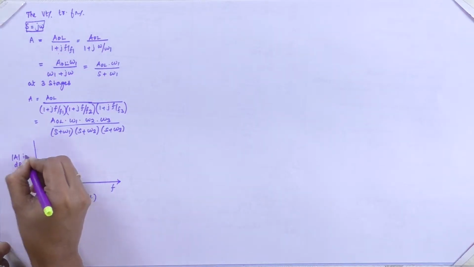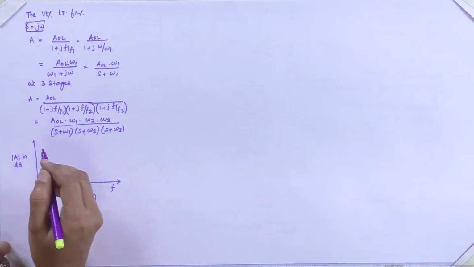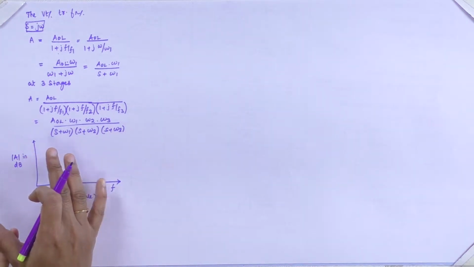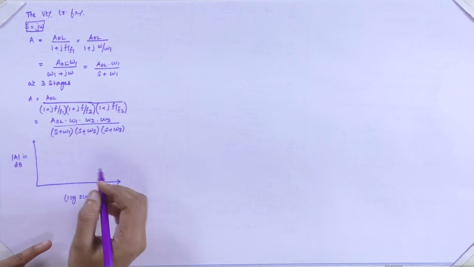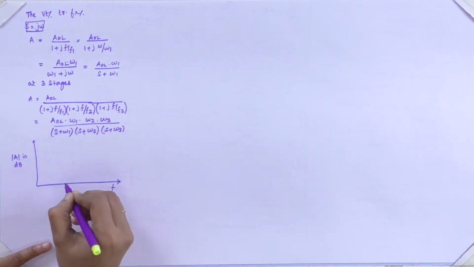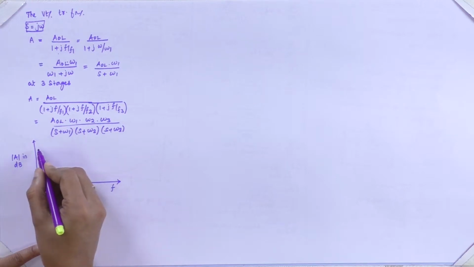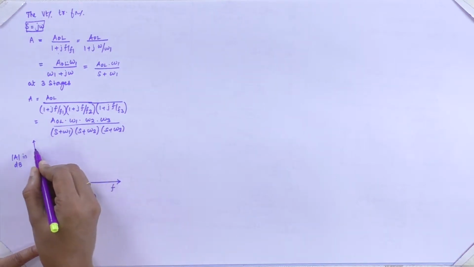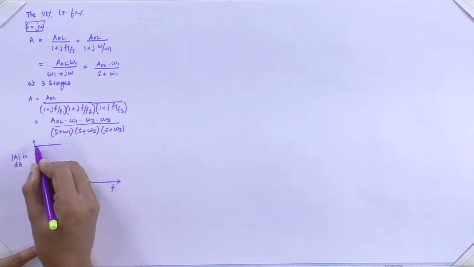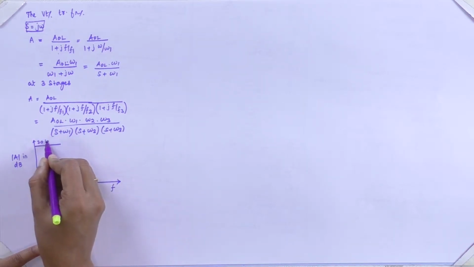Okay. So in this condition, again initially with the frequency F, you have only one corner frequency. It is decided with F1. So here I am going to draw a corner frequency concept. Up to this you have a 20 log AOL.